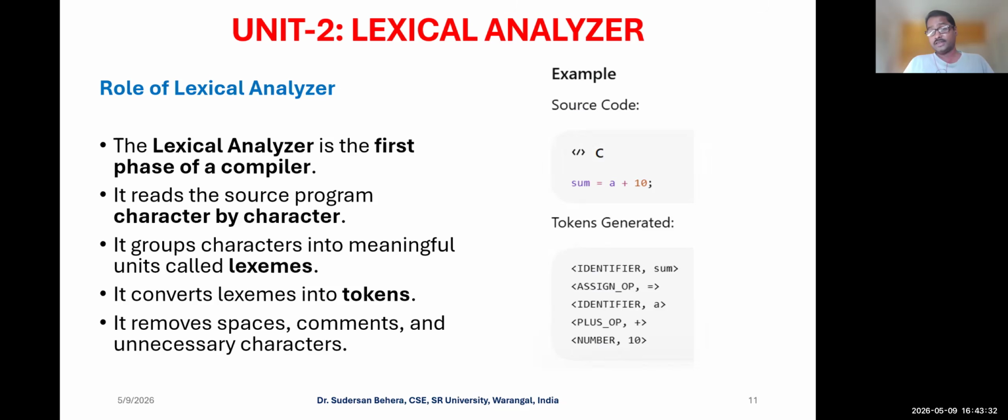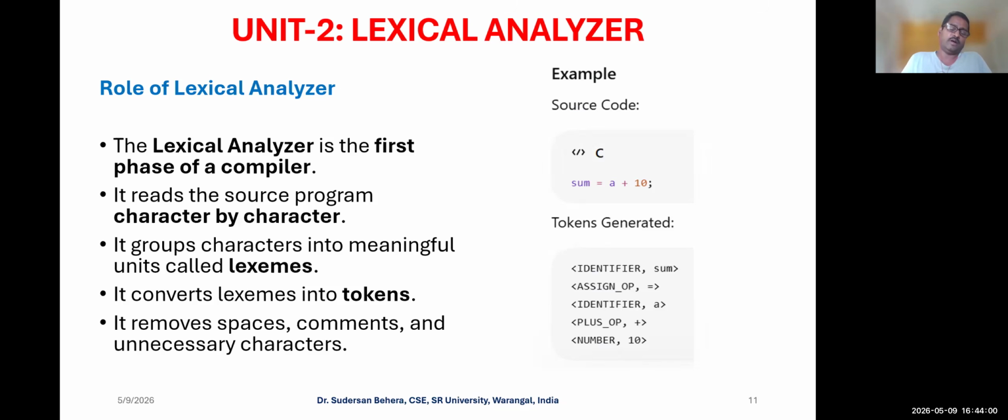Simultaneously, it removes any comments associated with the program. Sometimes we write comments using a hashtag, particularly in C and C++. Those comments are never going to be executed, so they are not considered part of the program.